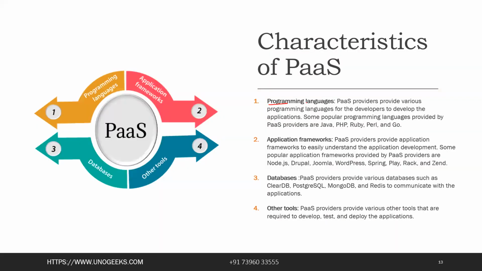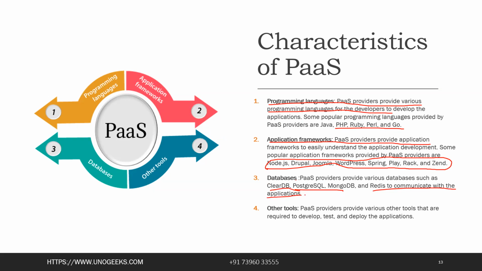You can see programming languages like .NET and Ruby on Rails, and application frameworks like Node.js and Drupal, which you can use when deploying. And databases, you can see PostgreSQL, MongoDB, Redis, and ClearDB. So these are the database part.